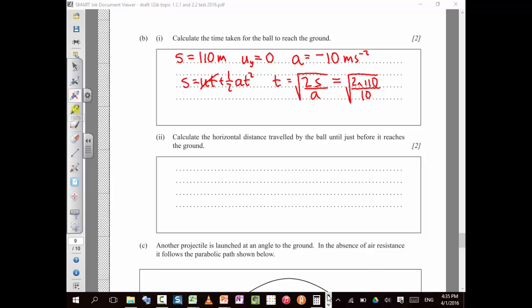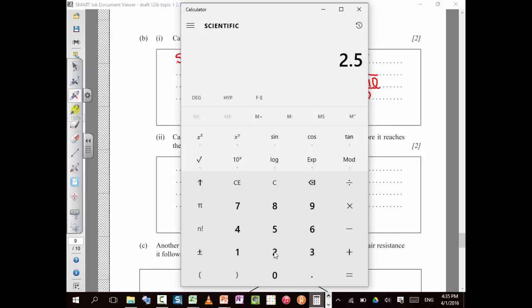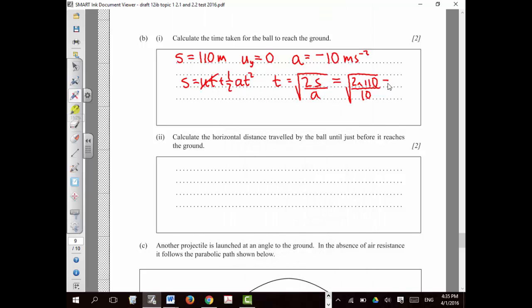So let's work out what that is, which is 4.69. Okay, and we only have things to two significant figures, so that should be 4.7 seconds.